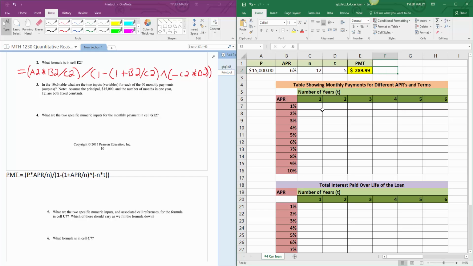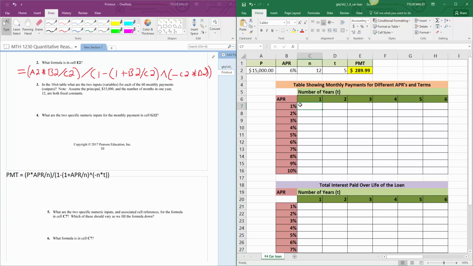So what we're doing is looking at this table here, where it says table showing monthly payments for different APRs and terms. The question is, what are the inputs? When you have a table showing a function, your inputs are what's on the columns and the rows. So along the rows is labeled APR, so that's one input, and along the columns is labeled time in years.